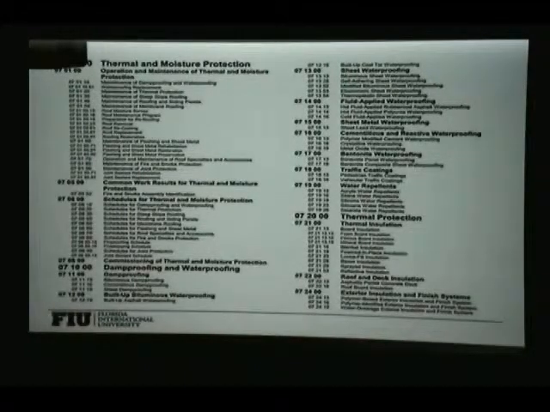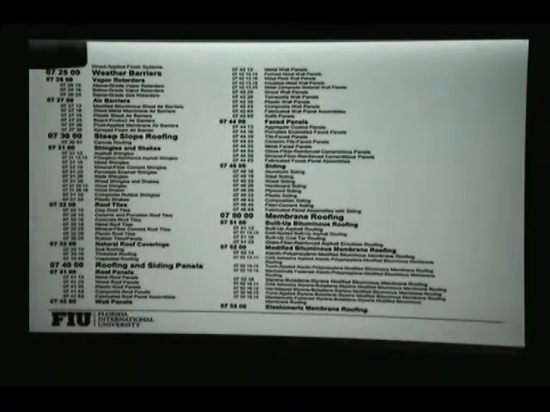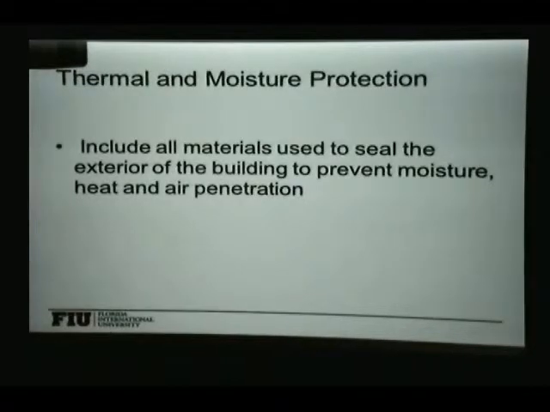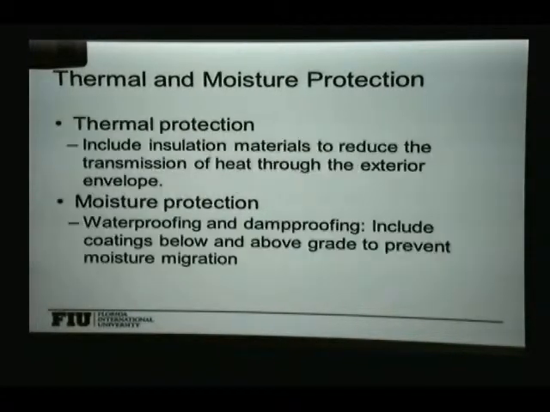You will have a thin plastic that protects the foundations against water penetration, and also the slab on grade. These elements basically seal the building to prevent water and heat from getting inside.